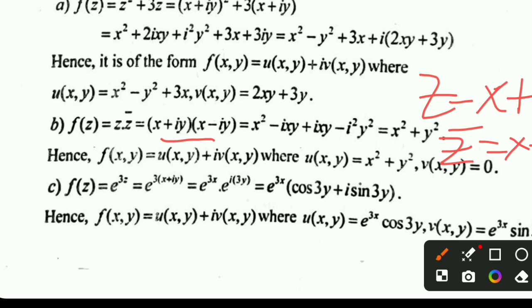Then when we multiply this, we get x squared minus i squared y squared, because here minus ixy and plus ixy will cancel. Then minus of i squared is minus of minus 1, so minus of minus is plus, then plus y squared. Okay, you can do other examples associated with complex numbers or converting a given function into complex form.